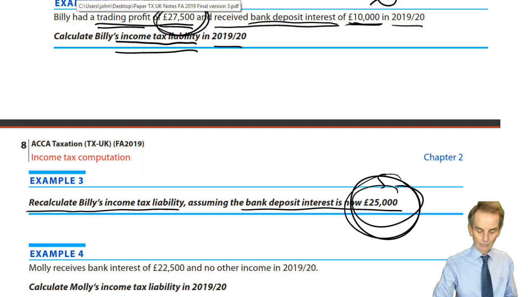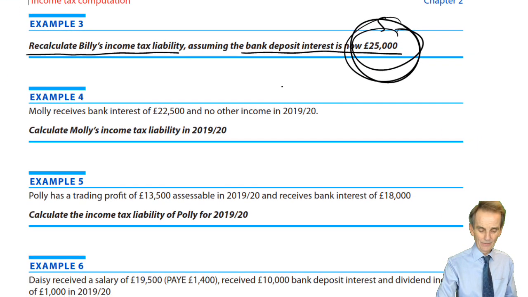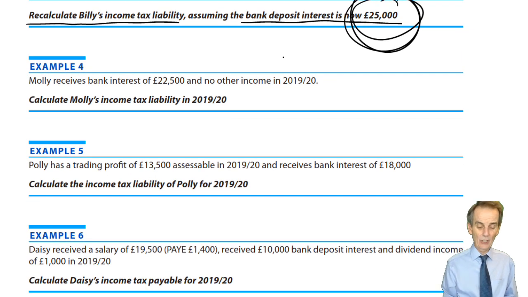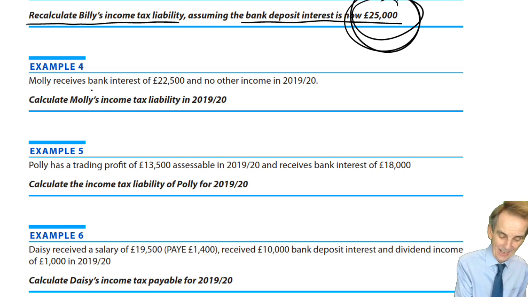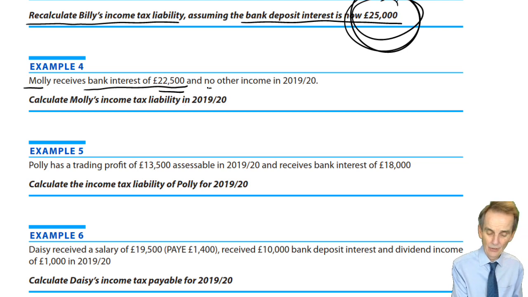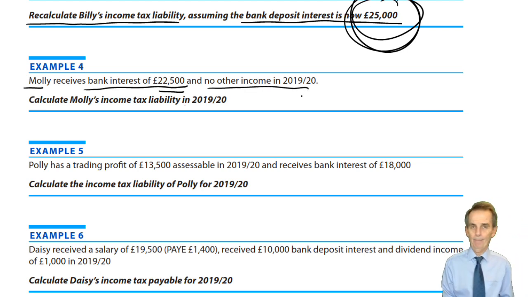Going back, therefore, to our examples, there is now example 4. So what's happening here? The only income Molly receives is bank interest of 22,500, no other income. All her income is savings income. There is no non-savings income.